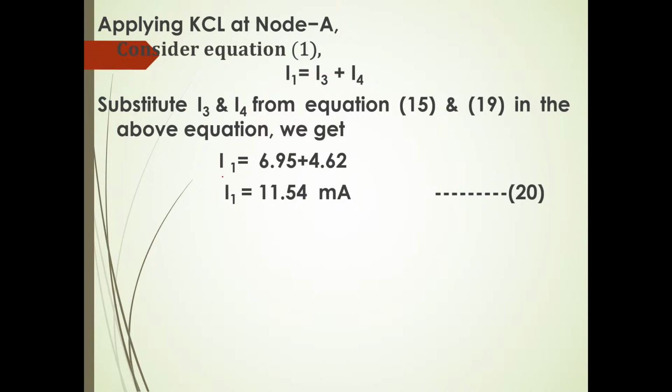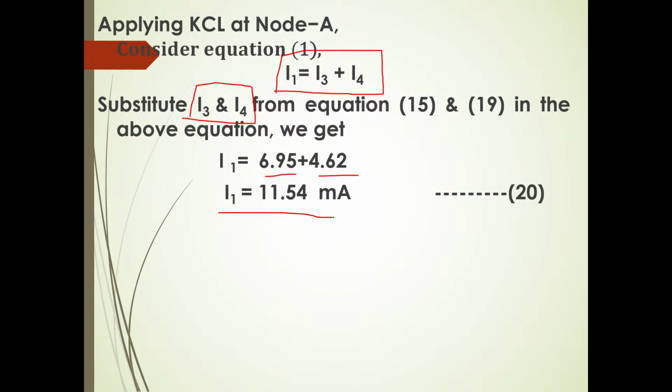I1 current is divided into I3 and I4. Means I1 is equal to I3 plus I4. So what is I3? 6.95, and I4 is 4.62. So you just add those two, you will get the I1 current.